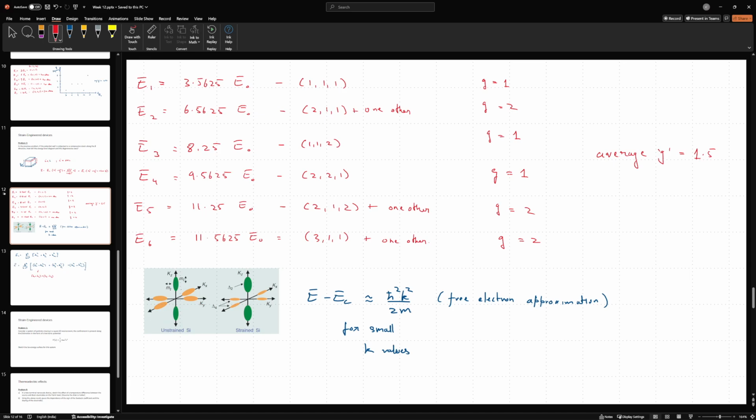Now consider the case when there was no strain. All of these ellipsoids are equivalent, which implies an electron present here can easily scatter from one ellipsoid into another. Now remember, over here the kx value is dominant and ky and kz values are small. So this is technically an electron moving along the x direction. This corresponds to electrons moving along the y direction.